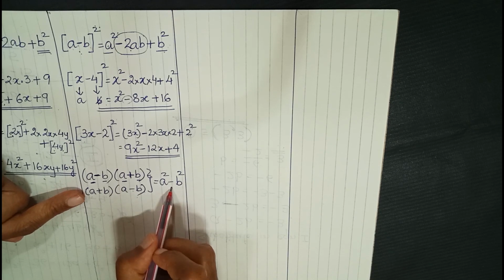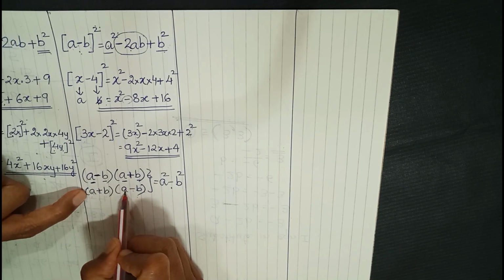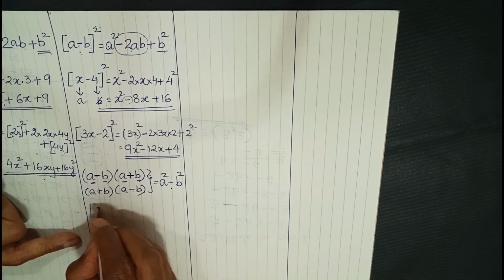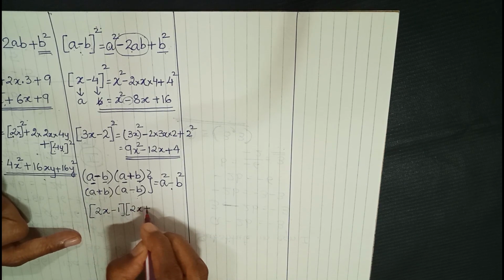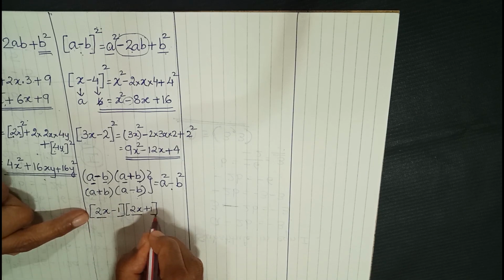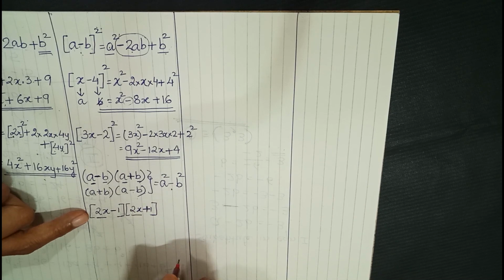But what precaution should you take? When can you use this formula? When the first number is same in both and the second number is also same. Let us take some examples. Let us say 2x minus 1 and 2x plus 1. So now you can see 2x is same in both and 1 is also same in both the brackets. One is having a minus sign and one is having a plus sign.